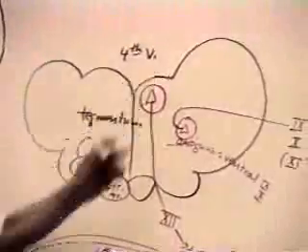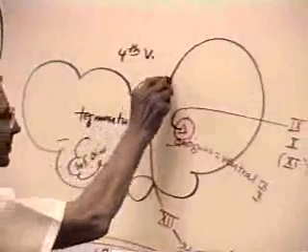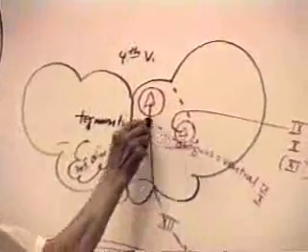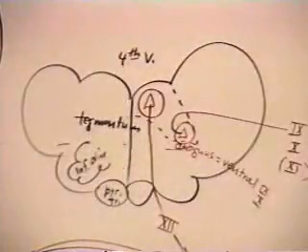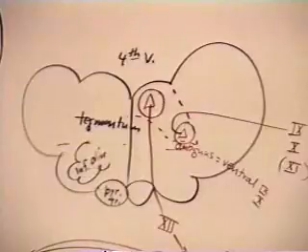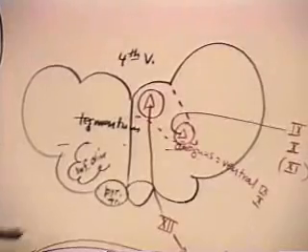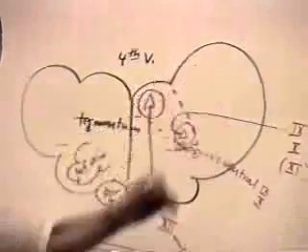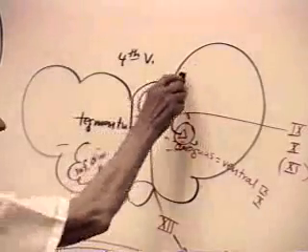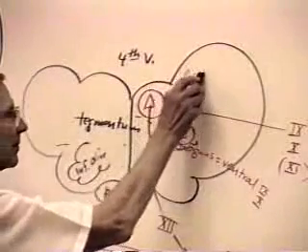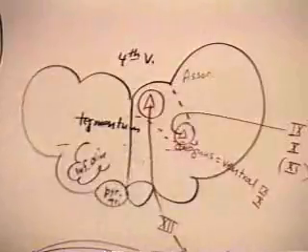It ought to be the motor plate. The association plate ought to be the lateral tube, dorsal tube here, the lateral tube here. So we're going to be looking for association nuclei out here. But we're still going to be looking for motor nuclei.